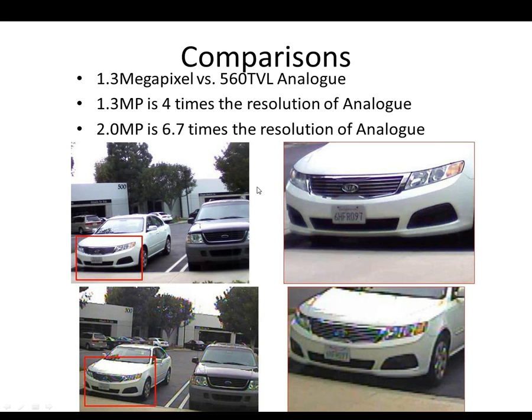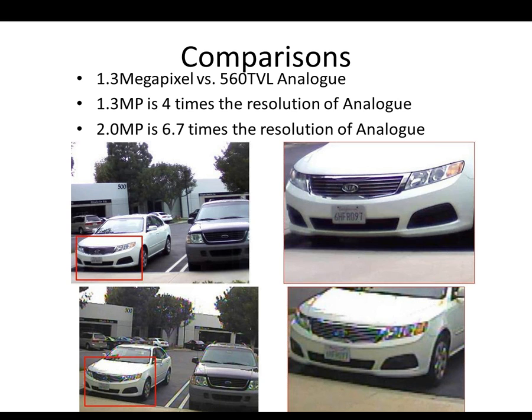Here's a couple picture comparisons between a 1.3 megapixel camera and a 560 TV line analog camera. A 1.3 megapixel is 4 times the resolution of analog, while 2 megapixels is 6.7 times the resolution. On the picture on the left, it has the same field of view. You can tell some difference, but you can barely tell much when it's zoomed all the way out.